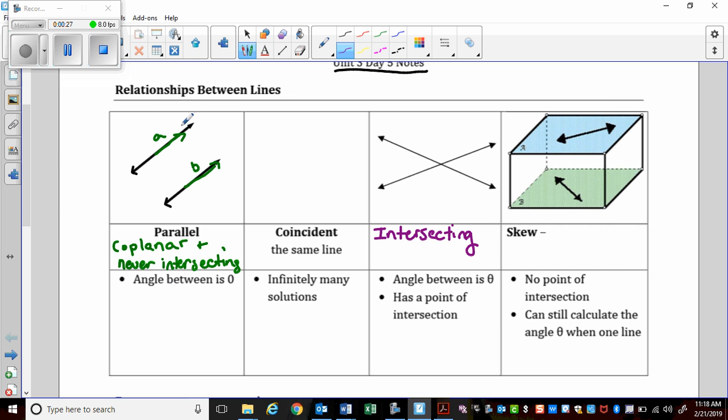If this is vector A and this is vector B, then vector A is equal to a scalar times vector B, for some k, that's a scalar. Remember that there can be no shared points.